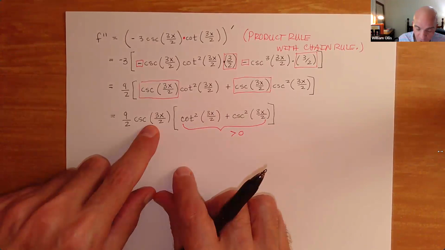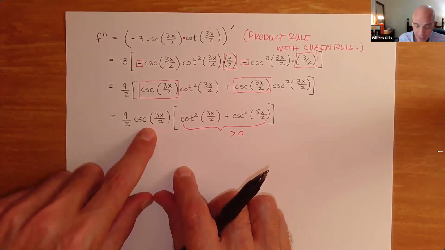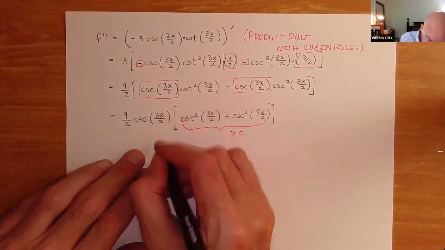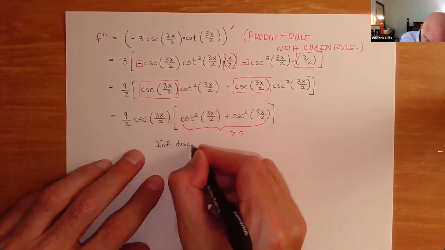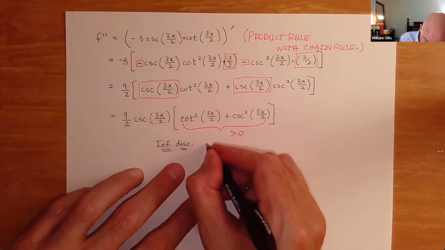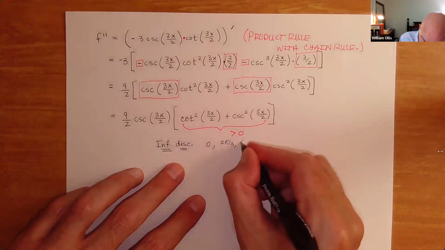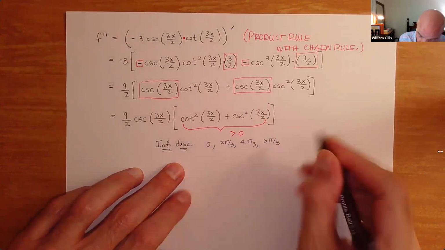Now, the only thing we have here are the infinite discontinuities. This is never zero. The cosecant is never zero, but it can have an infinite discontinuity. So we write down the infinite discontinuities that we already know. And that'll give us the 0, the 2 pi over 3, the 4 pi over 3, and the 6 pi over 3.